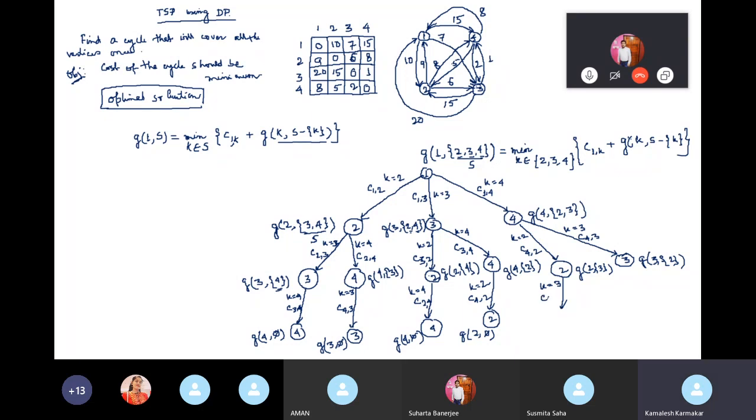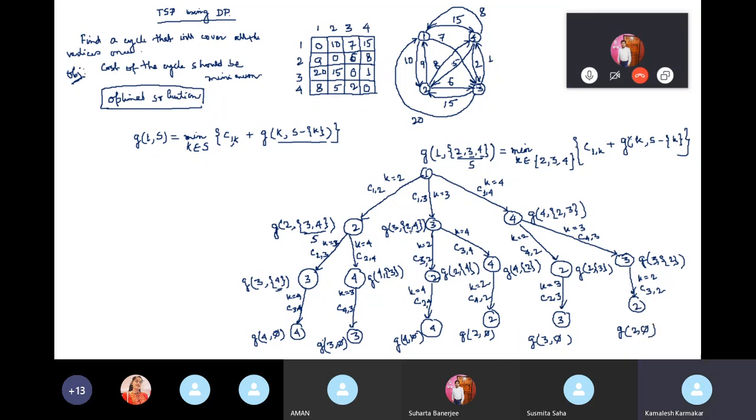The cost of this edge is 2, 3, and the next vertex is 3. Here it will be G of the current vertex and the remaining set. Similarly, expand it. Here k equals 2, the cost of this one is 3, 2, and the next vertex is 2 and G of 2, 5.